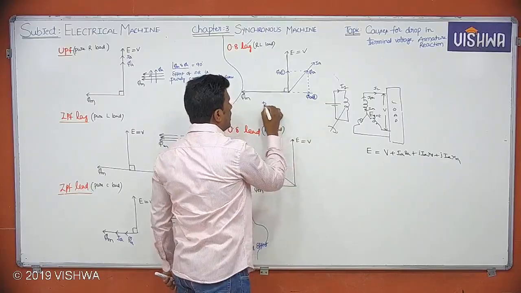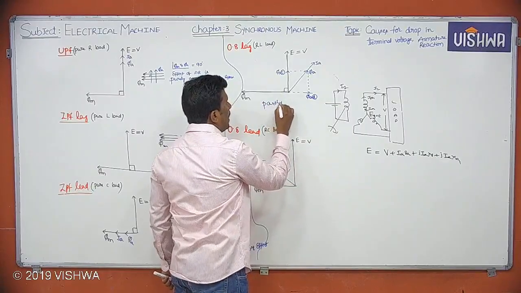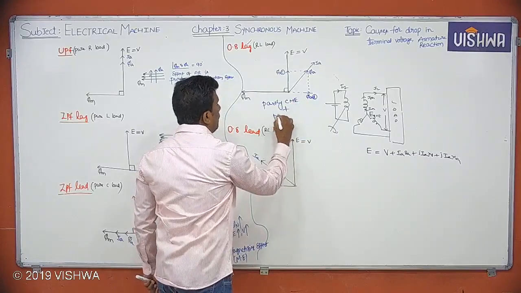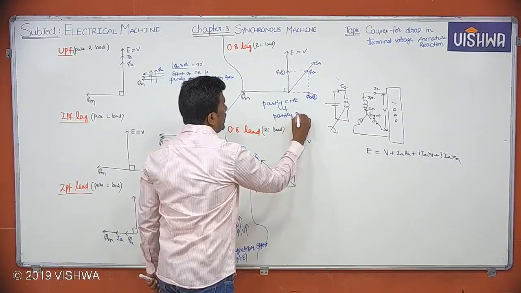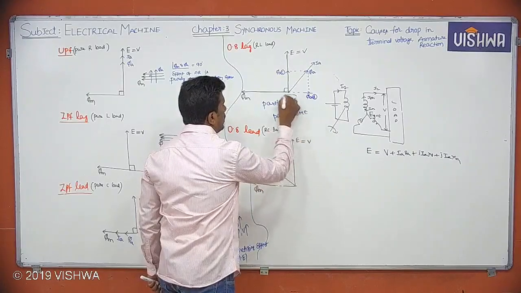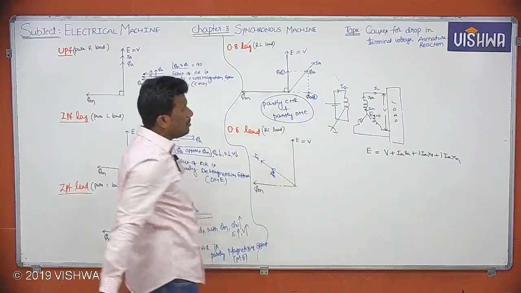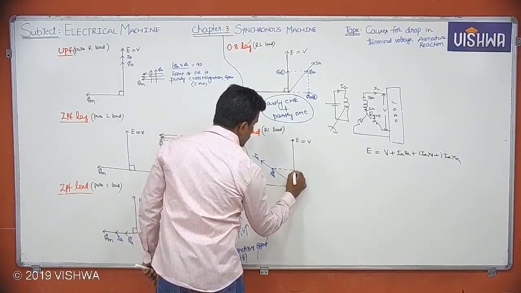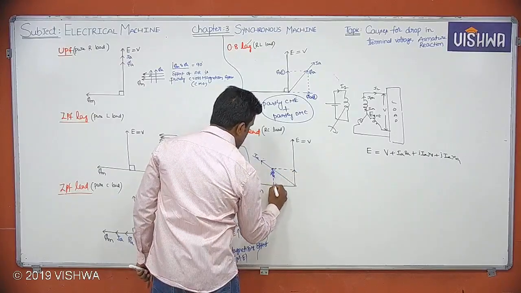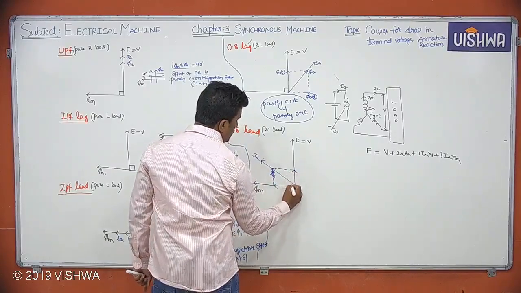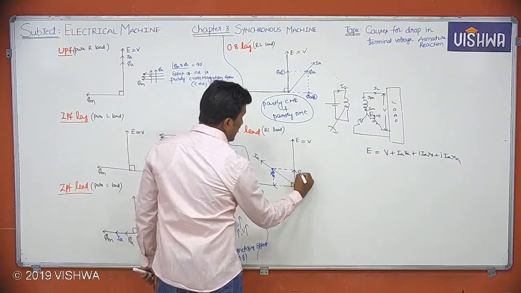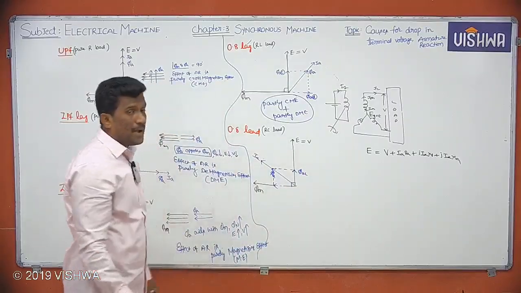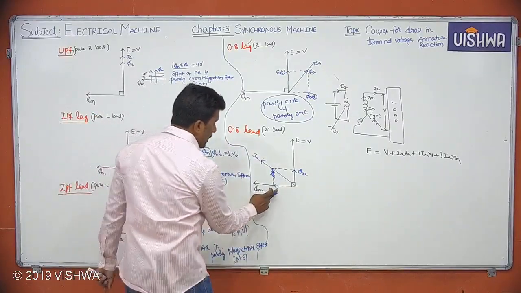So simply I can write here, the effect of armature reaction is partly CME plus partly DME effect. Now let me take an RC load. It will have two components, one along the y-axis, one along the x-axis. Tell me what about this component? It's making 90 degrees with your phi M, right? So this can be called the cross magnetizing component of armature flux phi A, called phi AC, and the other is in phase with your phi M.